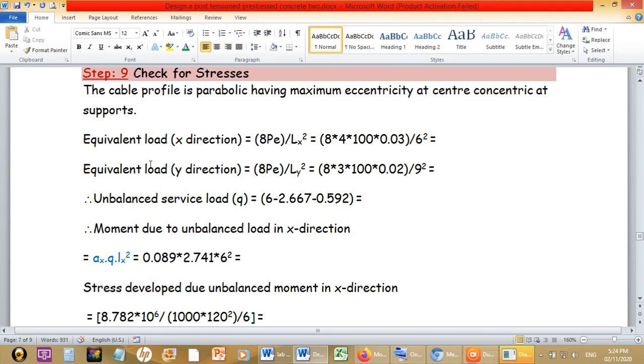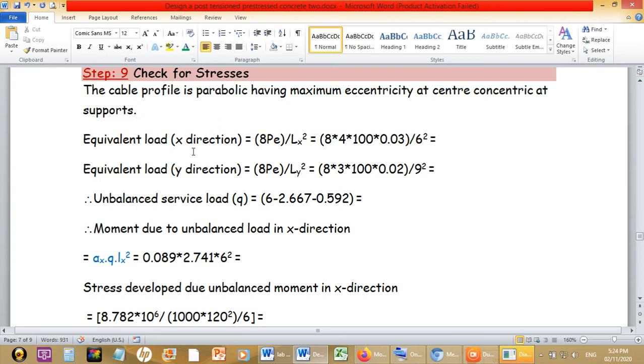To calculate stress, what we require is the load. So that's why we are going to find the equivalent load in the x direction. Stress calculation can be done by 3 methods. We already studied that in unit number 1. I provided all the PPTs of stress calculation on Google Classroom; you just refer to that so that it will be more clear to you.